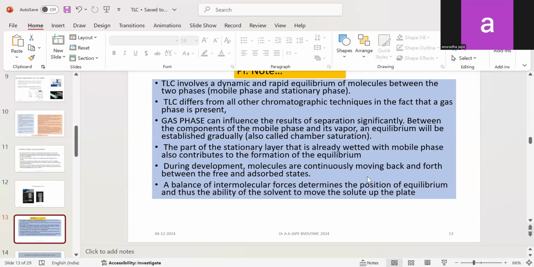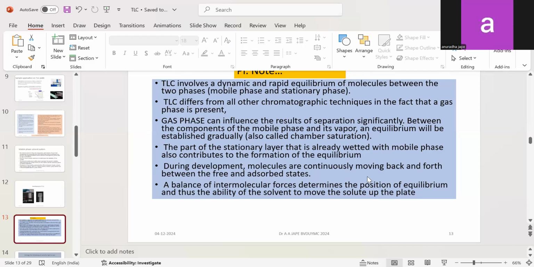Saturated chamber is going to give you good separation, because this gaseous phase is the one which is going to be in equilibrium with the entire system. If there is presence of air or moisture, then this gas phase can influence the results of separation.